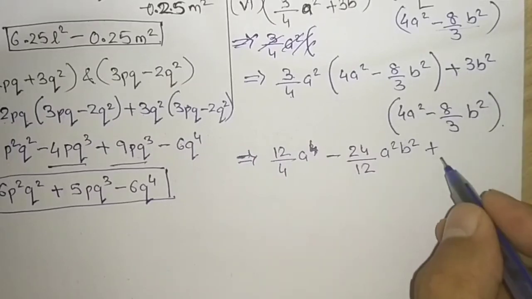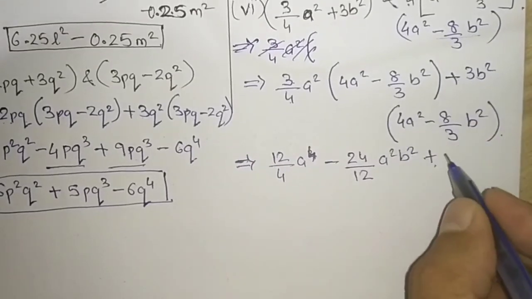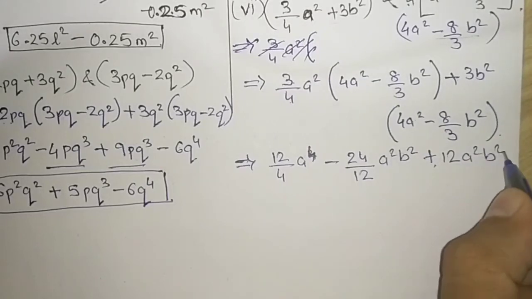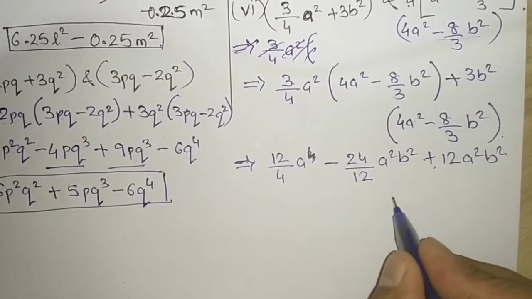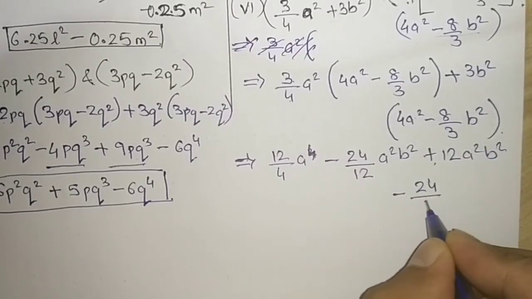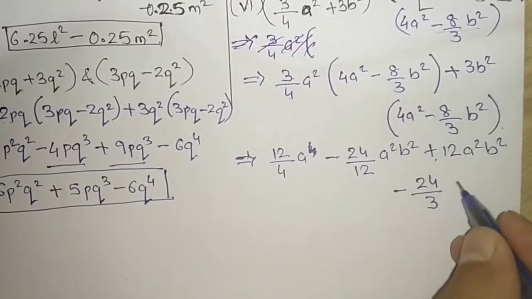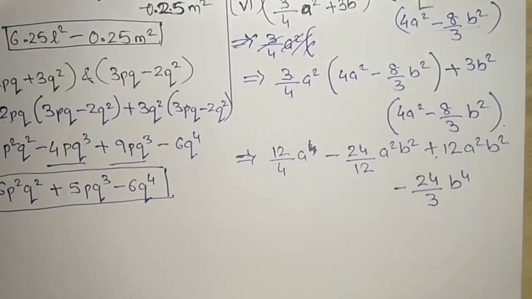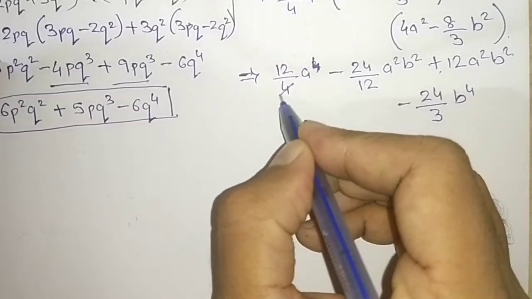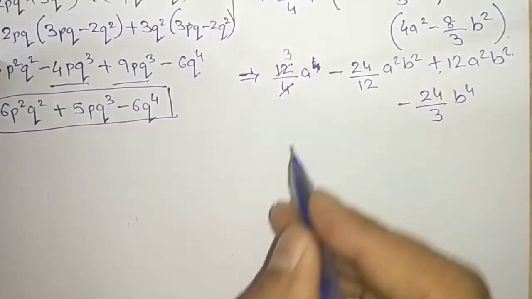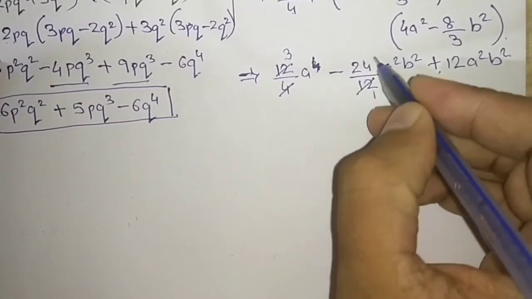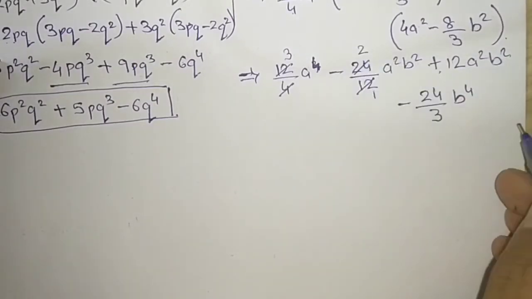Plus into plus will give me plus, 3 4s is 12, a square b square, plus into minus will give me minus, 3 8s are 24, divide by 3, b square into b square will give me b raised to power 4. Now 4 1s and 4 3s will cancel out, 12 1s and 12 2s.